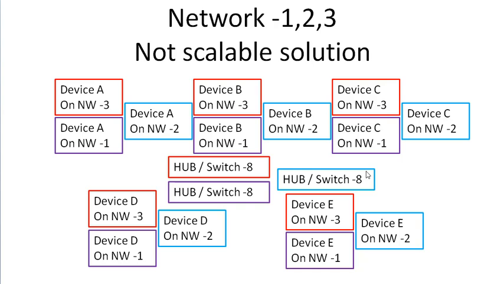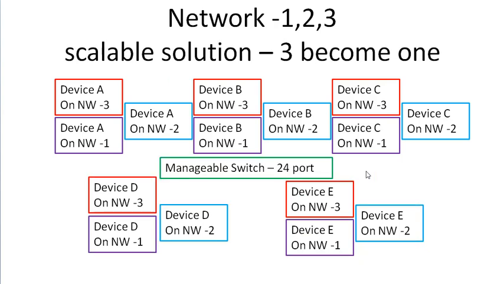It depends on how many employees, how many recruitments, how many in production. According to that, it will increase, and we have to manage all those things. I'm just showing three sets of networks here. So we need a scalable solution, called a manageable switch.